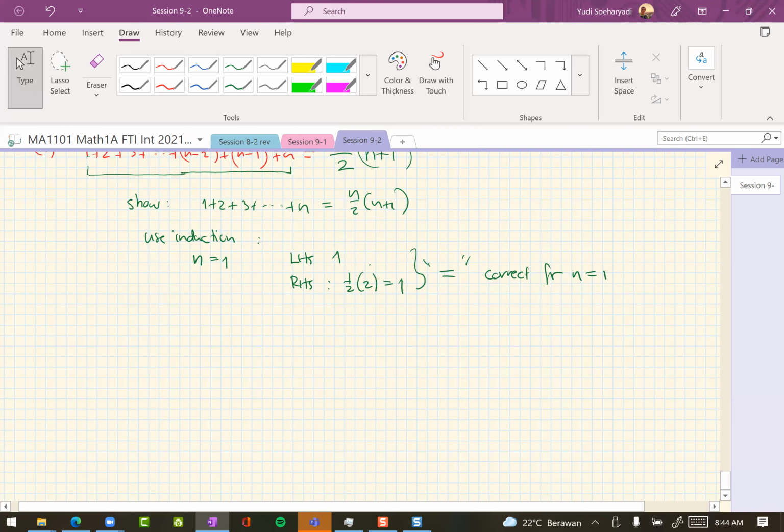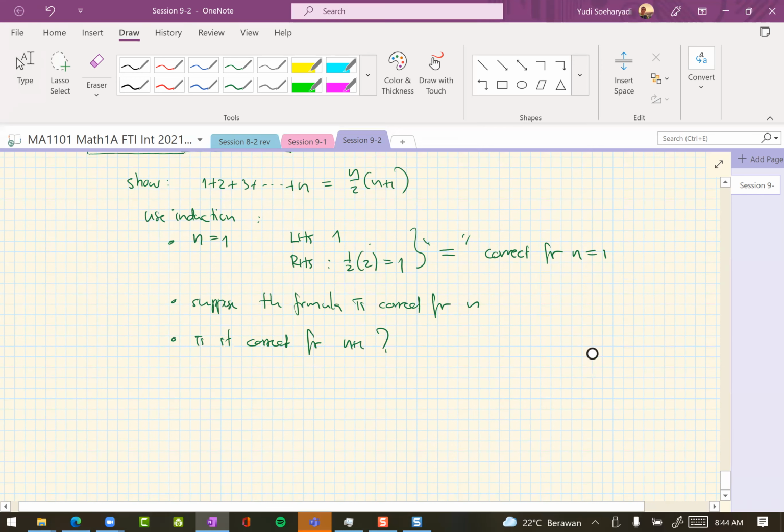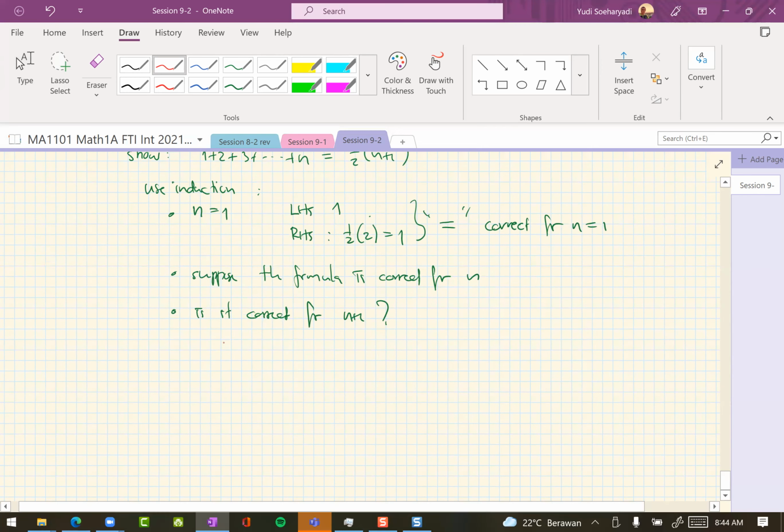Okay, and we suppose this is the step. Suppose the formula is correct for n. Now the question is, is it correct for n plus 1? That's the question. So how do we do this one? Let's take 1 plus 2 plus 3 until n plus 1.